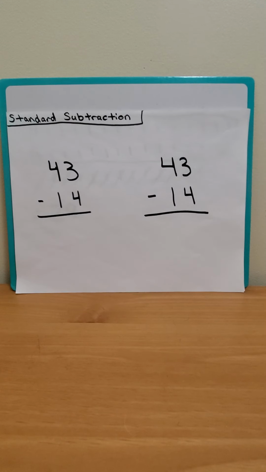Now the next way I've seen is the standard subtraction, where they set it up as an algorithm and the students will just solve it the way it is. But because it's a regrouping problem, they typically have some issues with borrowing from the tens place.